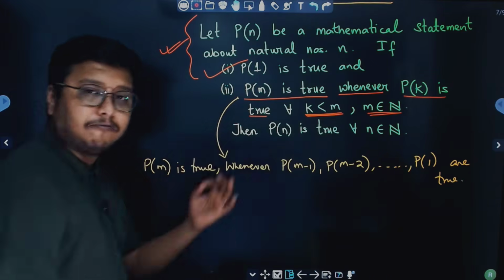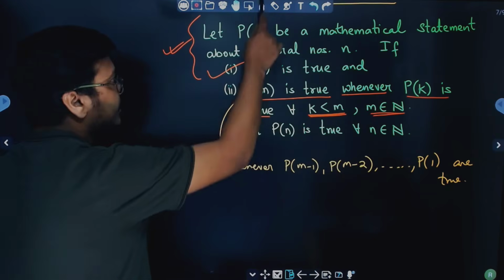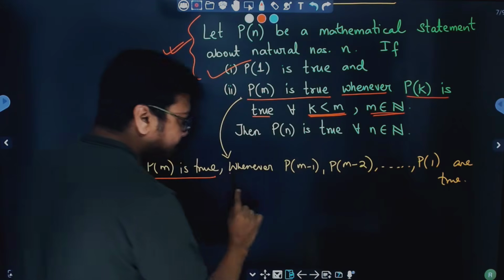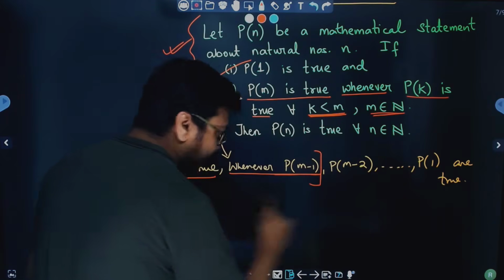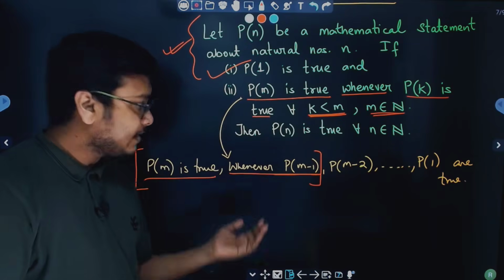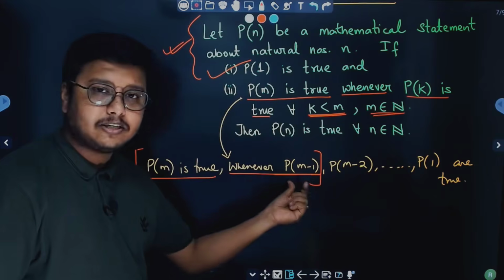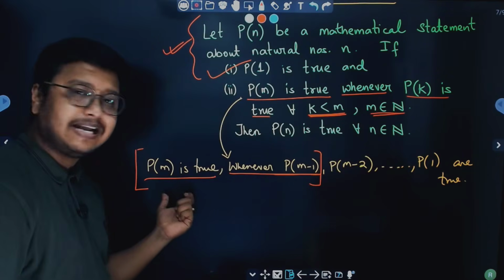Okay, so in first principle, what was the requirement? The requirement was that Pm is true whenever Pm minus 1 is true. Up till here was our first principle. But sometimes only the previous statement is not enough to prove the next statement.